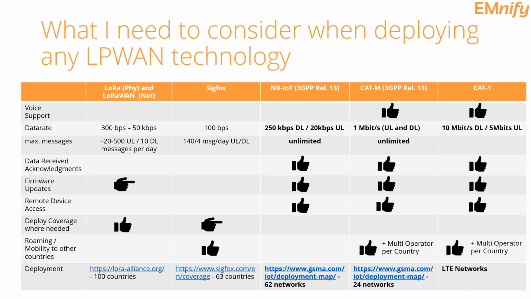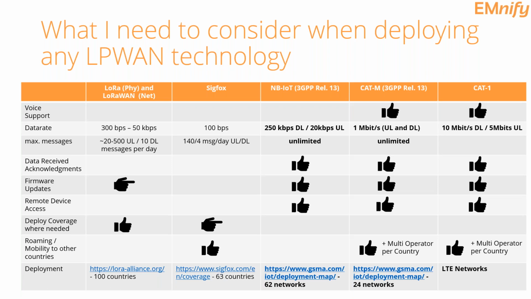It's possible, but not for everyone to use. Sigfox will not be possible with just 4 messages per day. Whereas with narrowband, Cat-M and Cat-1, you have duplex communication, so it's not an issue to do firmware updates when needed. If there's a new security patch or anything, you can roll out new firmware when needed.